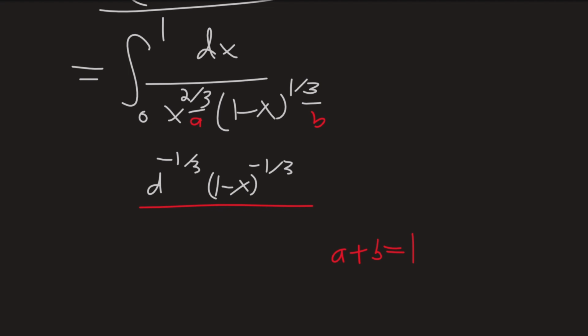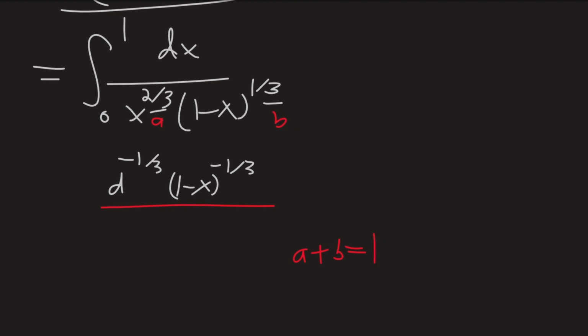We can say that this is equal to the integral from 0 to 1 of dx, but instead of x to the 2/3, we're just going to have an x to the a times a 1 minus x to the b right here. Actually, I can do it fancy like this, the way Math 505 does it.